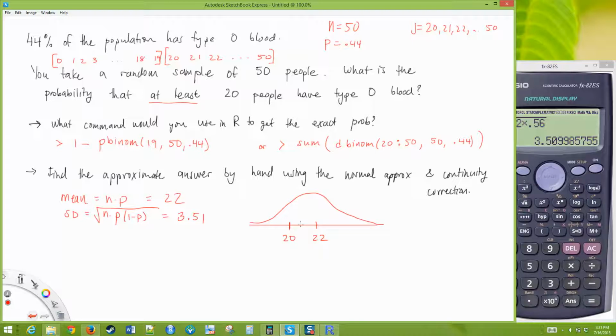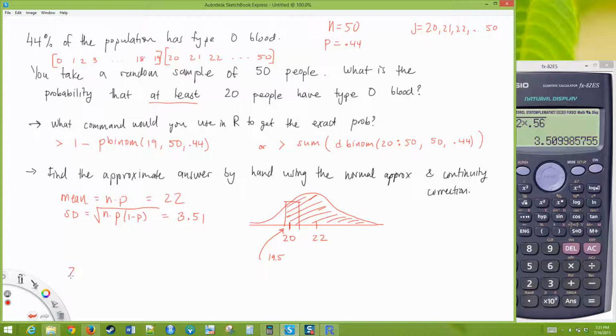Okay, and so now I have a normal model centered at 22, and I want to know the probability of being at 20 or higher. So I pretend I have a bar centered at 20, and I want everything to the right of that. So with the continuity correction, where's my cutoff? 19.5, right?